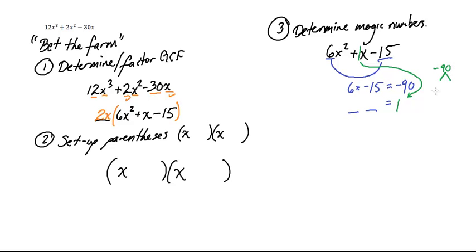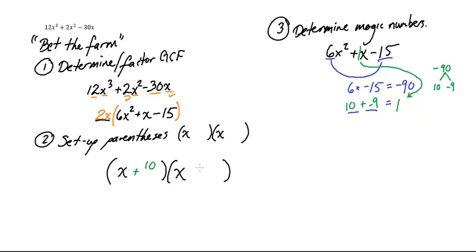Well, one really obvious set of factors is 10 and 9, and I want the 1 to be positive, so go ahead and pop the negative on the smaller number. And what I end up with is 10 plus negative 9. And these are my magic numbers.